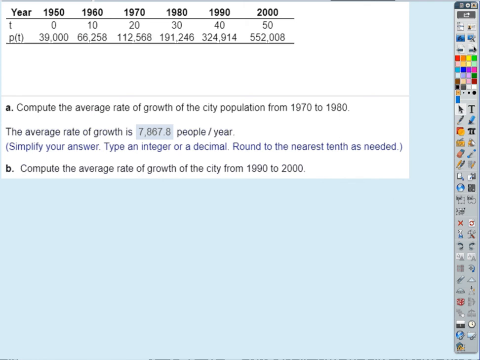So the average rate of growth is just the change in y from 1970 to 1980, so it's going to be 191,246 minus 112,568 divided by 10.